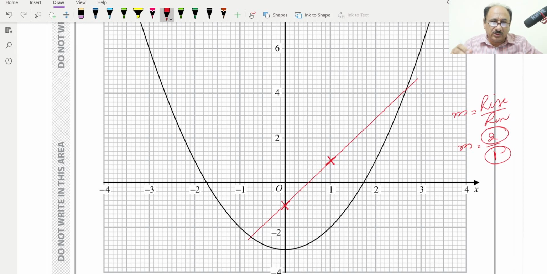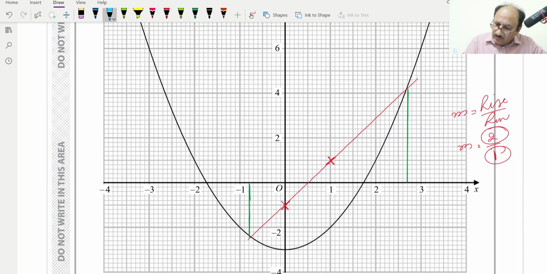Now we have to get the reference for these 2 points, and we can check for reference from here for this point, and from here for this reference also. Hopefully you are understanding everything.